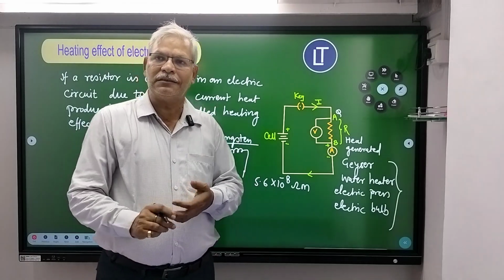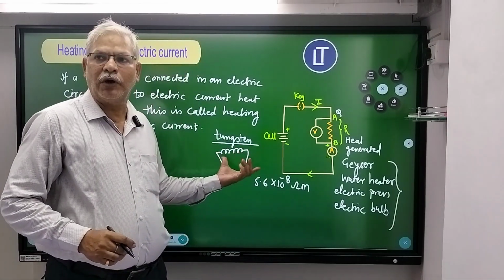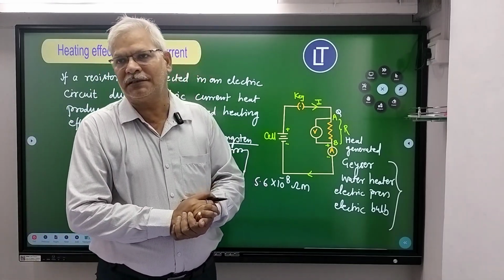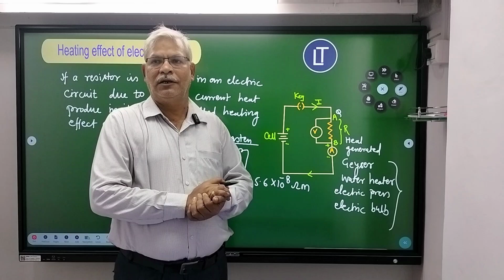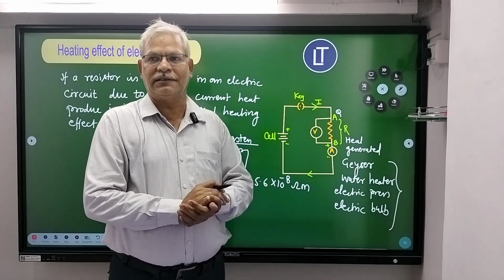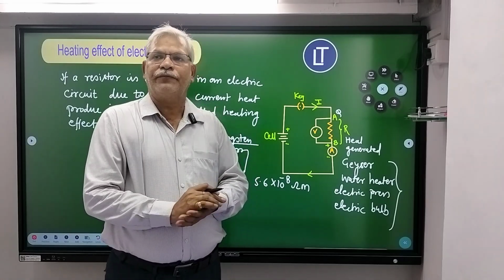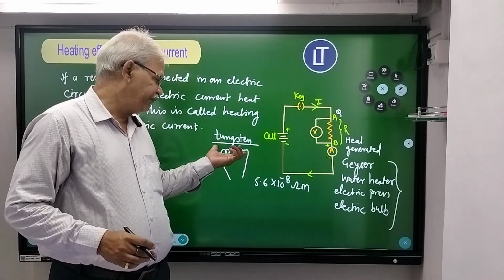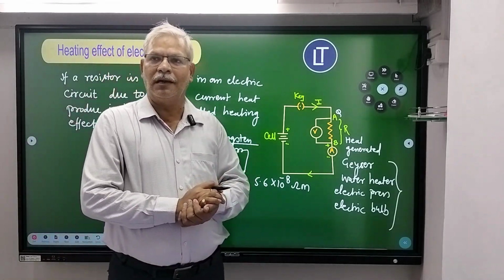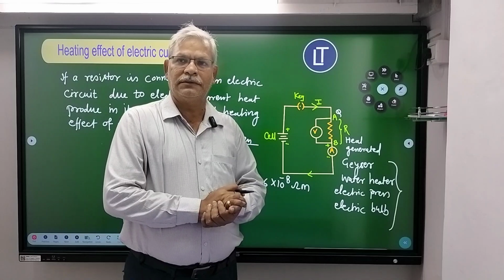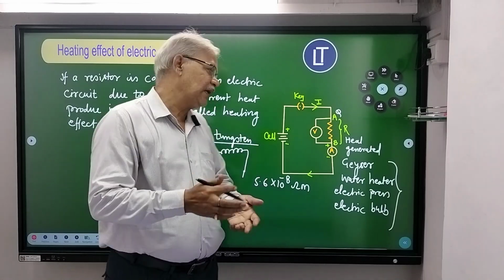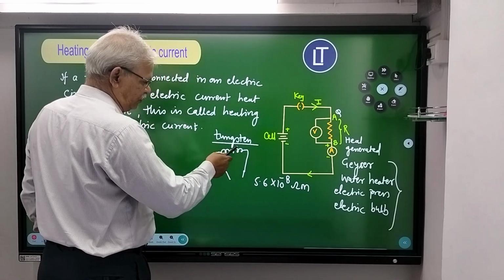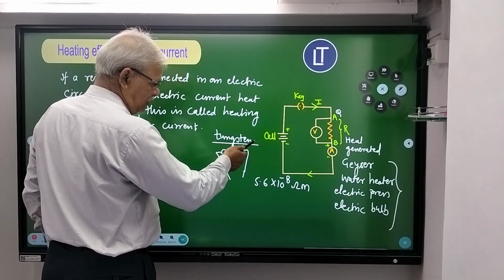Second thing, its melting point is high, approximately 3422 degrees Celsius. Therefore, tungsten is used as a filament in electric bulbs. I am going to write here why tungsten is used in the electric bulb.